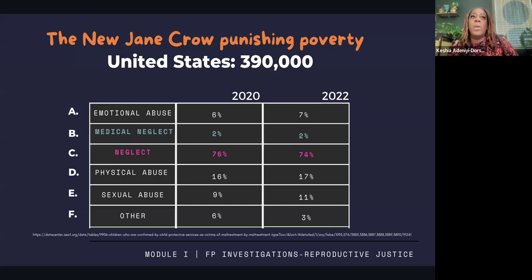Okay. And so we are literally taking children from their parents due to poverty. Okay. And these are the national numbers from 2022. Okay. 74% of cases were neglect cases.